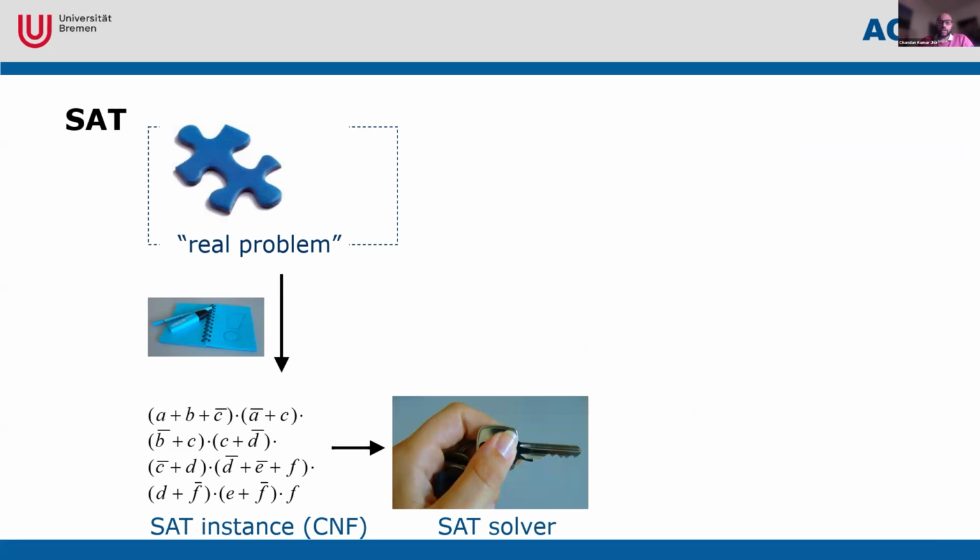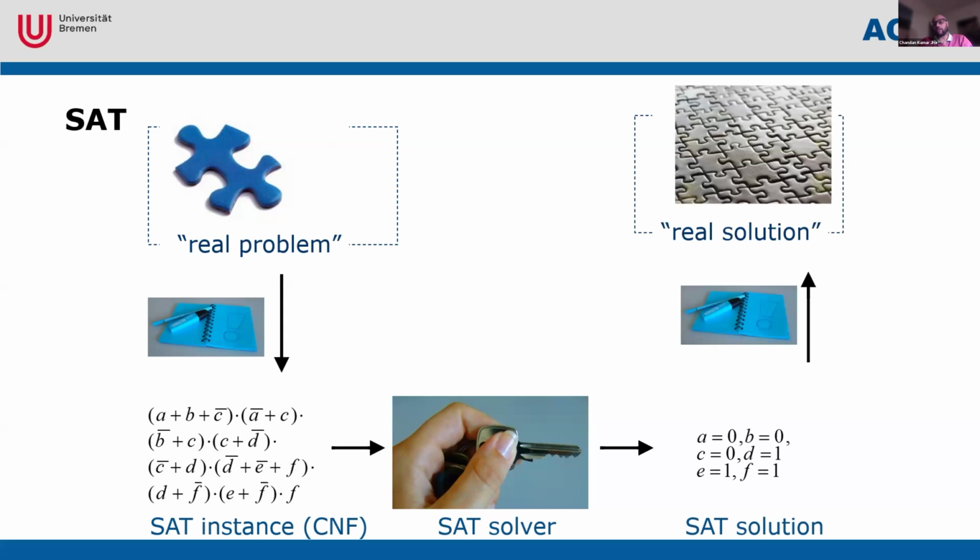The SAT solver will either tell you that there is no satisfiable assignment, or it will give you an assignment, meaning what values the literals should take so that the Boolean equation I'm showing here becomes 1. You can then use the solution for the real-world problem you are applying. So this is our overall flow of using Boolean satisfiability, and that is what we have done in our work.